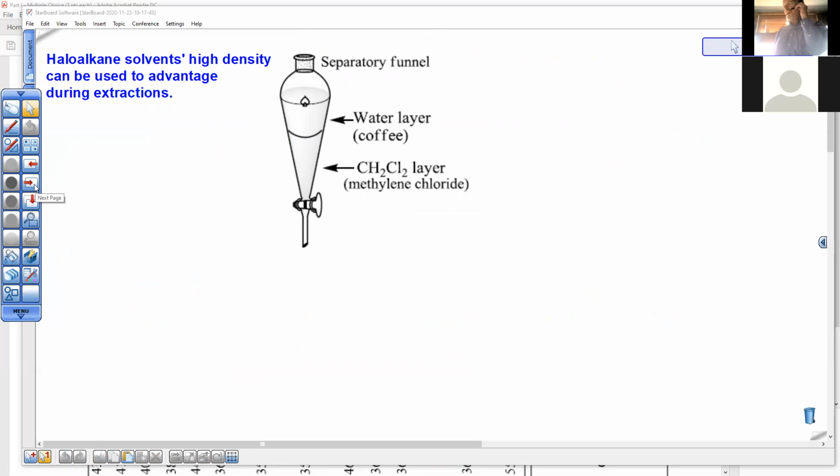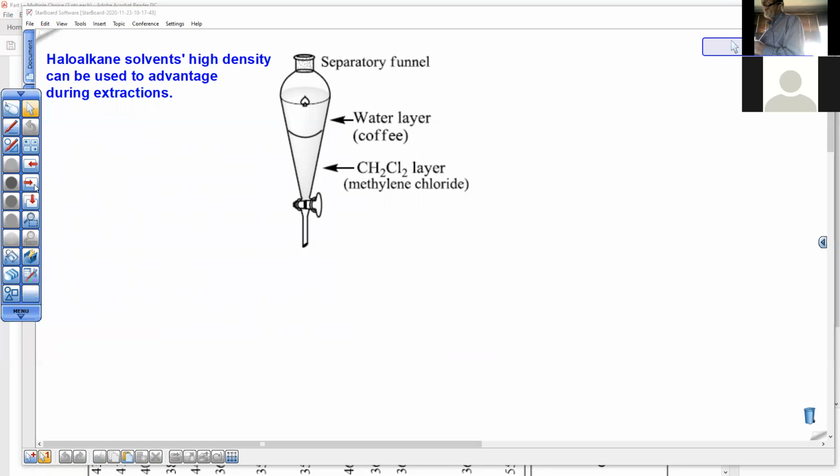Haloalkane solvents are quite commonly used in lab, although they're all suspected carcinogens, so they have to be dealt with appropriately. Just because some molecule causes cancer doesn't mean it can't be a useful molecule in the lab with the proper safety precautions. So ventilation and gloves and not exposing yourself to these chemicals is a good way out.